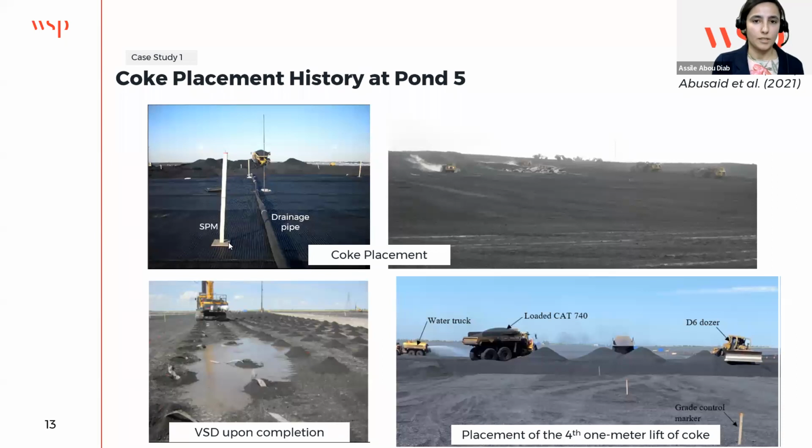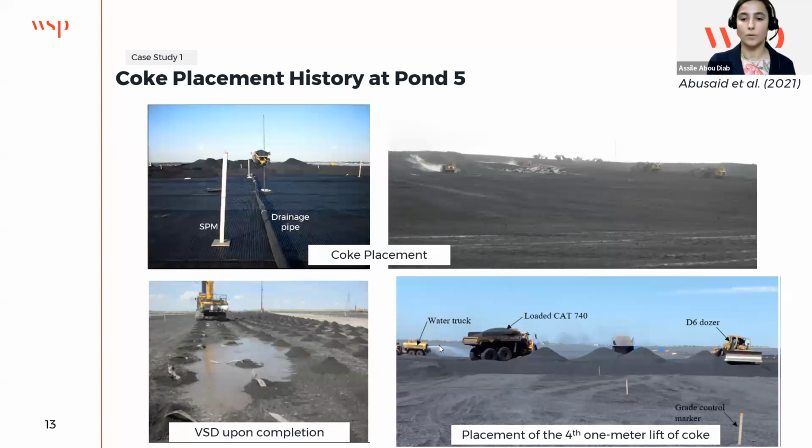We also put in some instrumentation to monitor the deformations, and we can also see the coke being placed on top. More photos of the equipment working on coke placement. After the first 2 meters of coke was completed, the platform was used to install vertical strip drains, as you can see here, and we can actually see the vertical strip drains already producing some water.